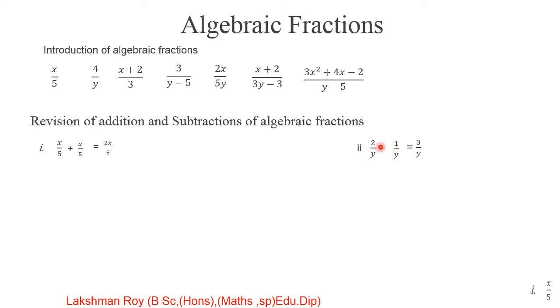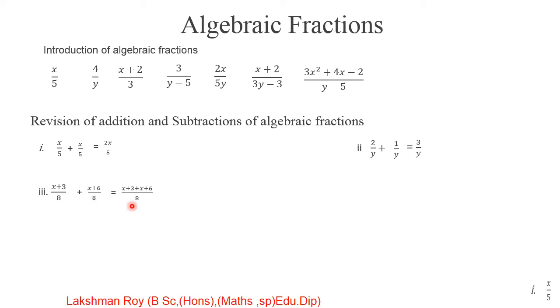Let's see another one, x plus 3 over 8. We want to add x plus 6 over 8. Check the denominator first: 8 and 8, so the denominators are equal.